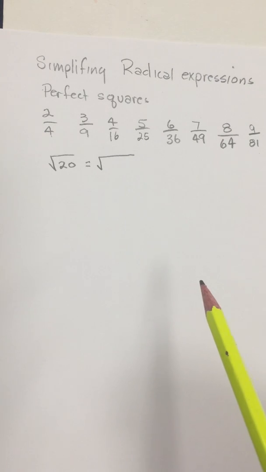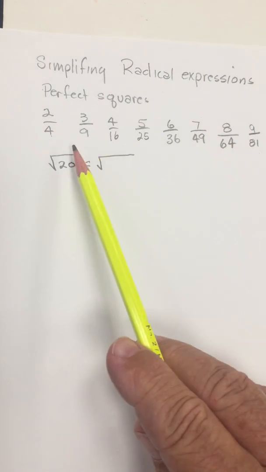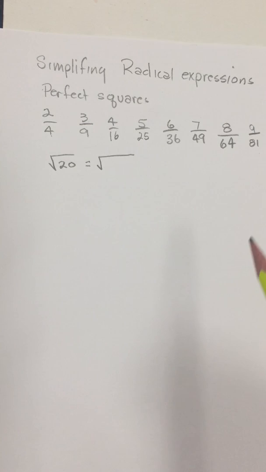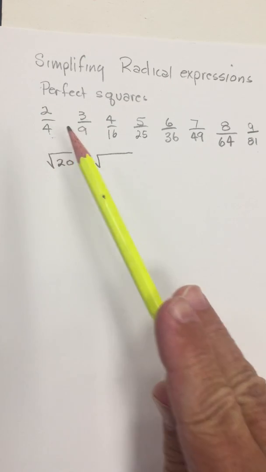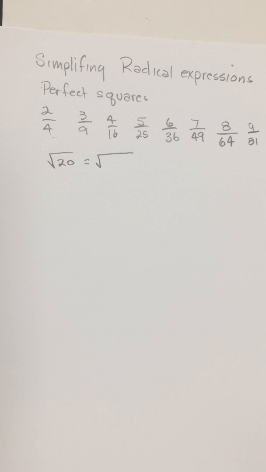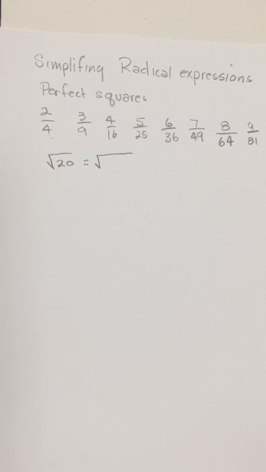No, it isn't. How about 10? Is 10 a perfect square? Nope, it's not one of our perfect squares. What's another one? 4 times 5. Is 4 a perfect square? Yes. So whenever we're doing these, one of the numbers has to be a perfect square.